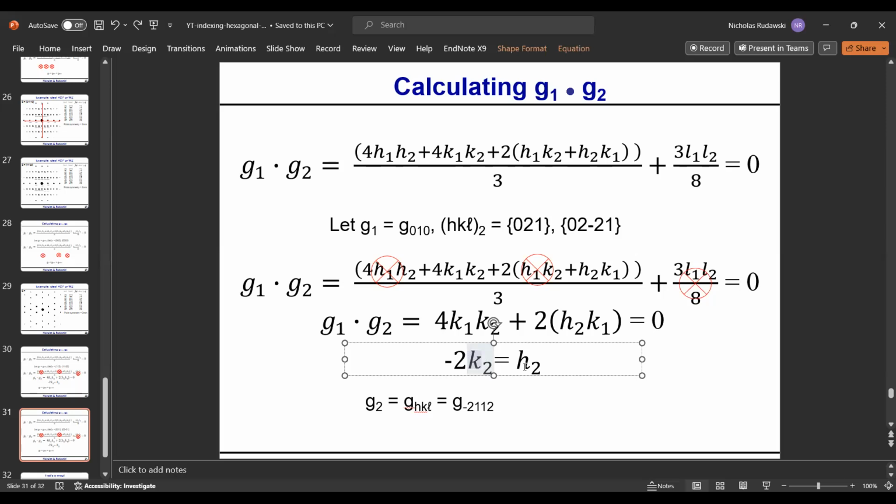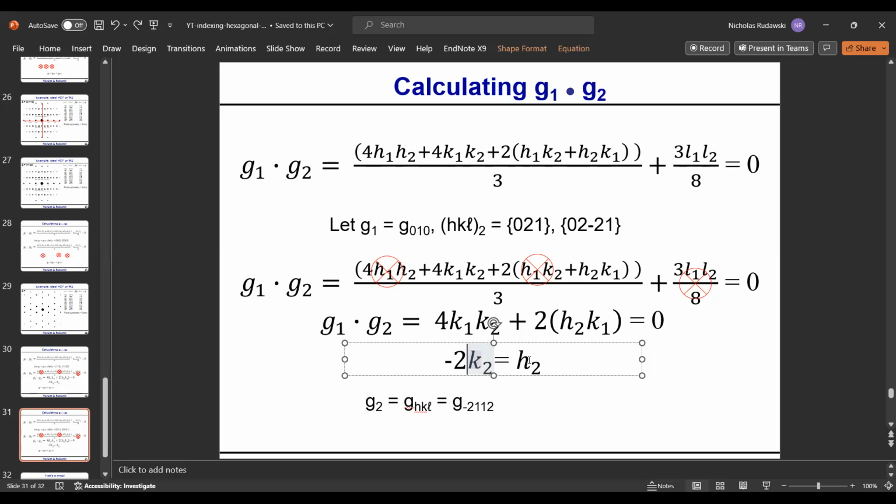Same thing if I have 2 for K, if I have 2 for K2, then it's telling me my H2 should be 4 bar, right? Well, that's not going to work either, because again I'm supposed to have 0, 2, 2 bar. So I shouldn't have twice one of the indices.